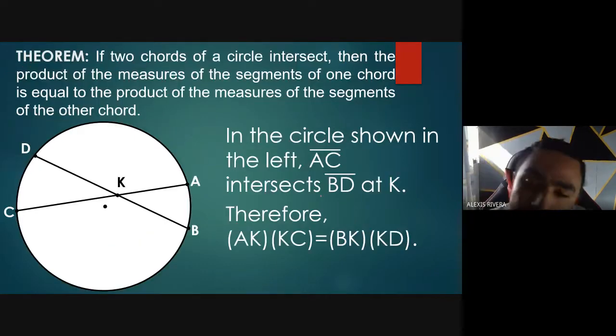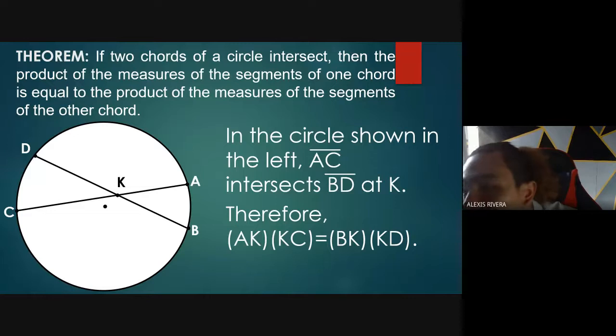So, let us recall, if the segments were formed by two chords, all you have to do is to multiply each segment and equate to the other one. Ibig sabihin, yung segment na magkasama sa isang chord, example here, AK, itong AK times KC, sila yung magkasama sa isang chord, equal sila sa kabila pag binultiply mo yung DK and then KB.